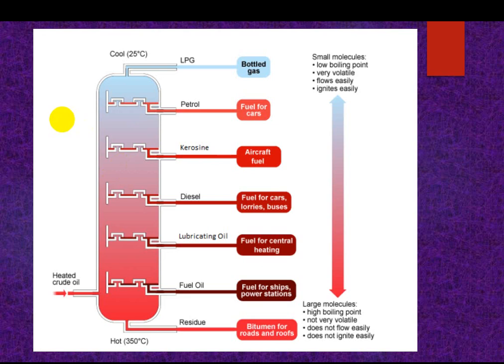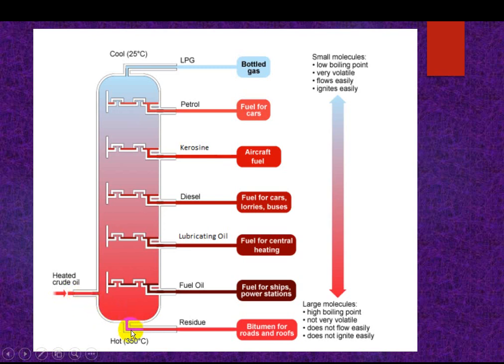This is a temperature range fraction. LPG in the crude oil will enter here. The crude oil goes into a furnace, and in the furnace we heat the crude oil.